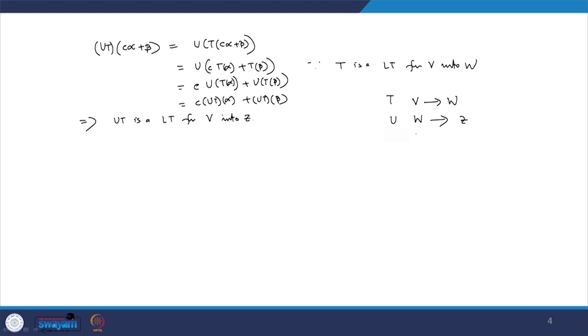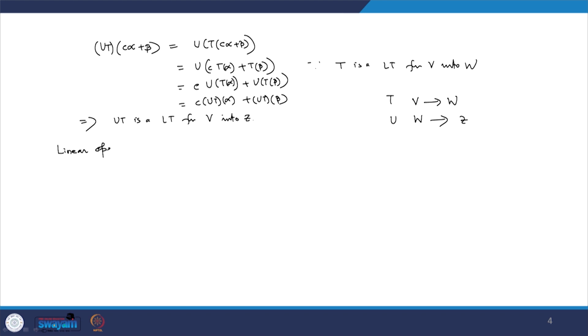I mean, first operating U, considering U as the first function. So, TU is not defined, please, because TU operating on some beta belongs to W gives U beta belongs to Z, but T is mapping from V to W. Therefore, it cannot be defined.